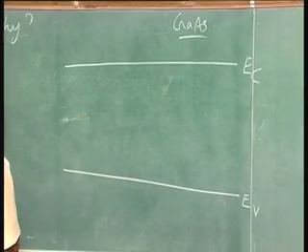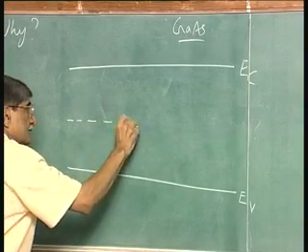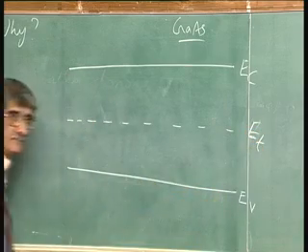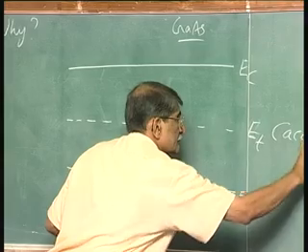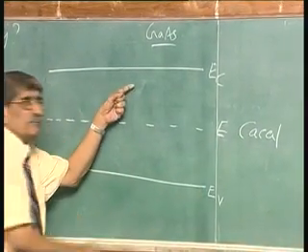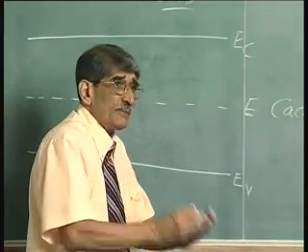I am sorry, it introduces an acceptor level. You can call it a trap level. It is an acceptor level. This is ET, just to distinguish it from the conventional shallow donors and acceptors. I call it trap level. It is actually a deep level.